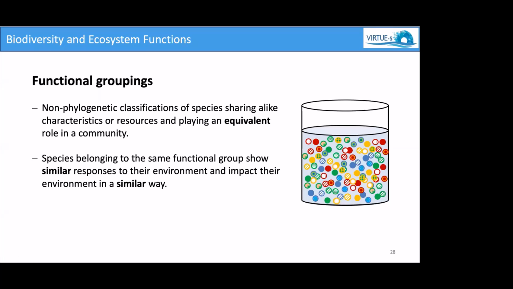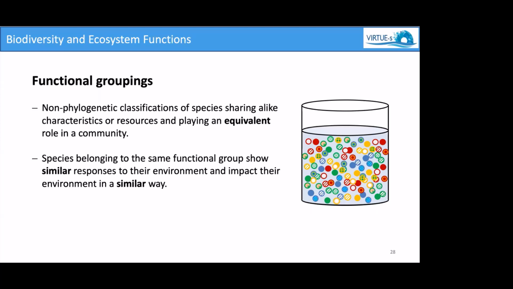Another example, let's put all autotrophs together. We have the macroalgae, we have the microalgae, both are autotrophs. You have filamentous algae, and you have reef-like macroalgae. They can be grouped together because they are all autotrophs. They are all photosynthetic organisms, and their function is production of oxygen, for instance, or producing biomass.